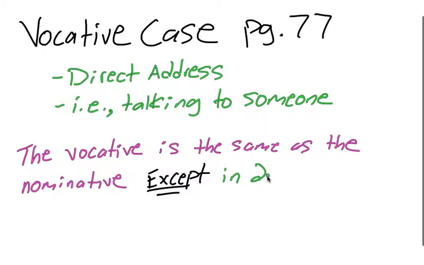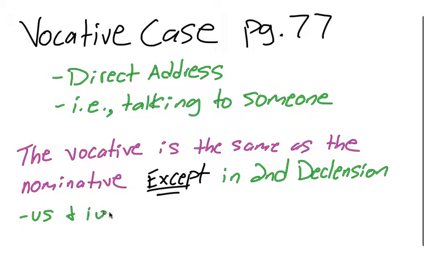in second declension US and IUS nouns. Okay, so vocative is the same as nominative except when the noun ends in US or IUS and it's second declension.